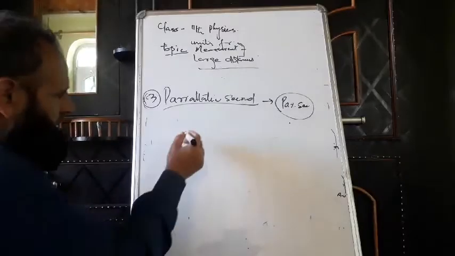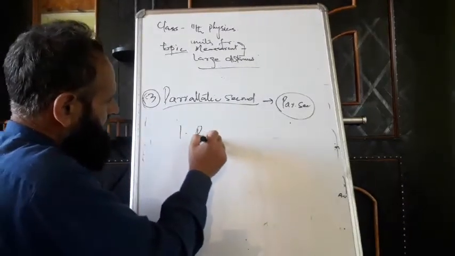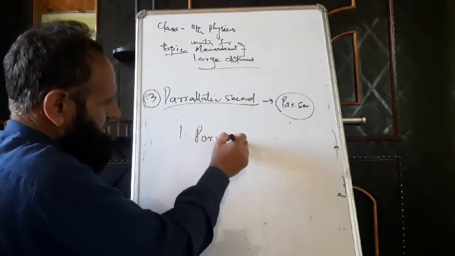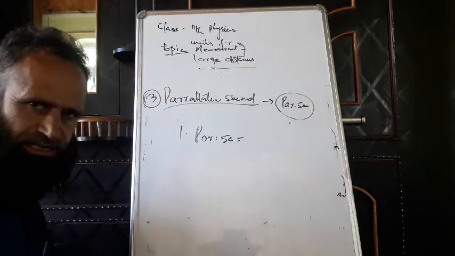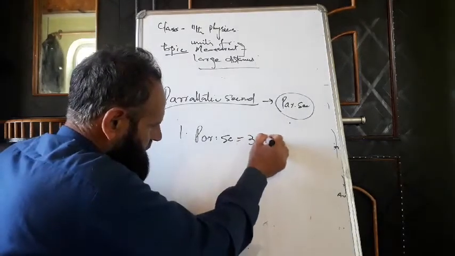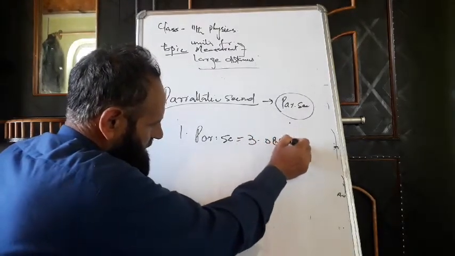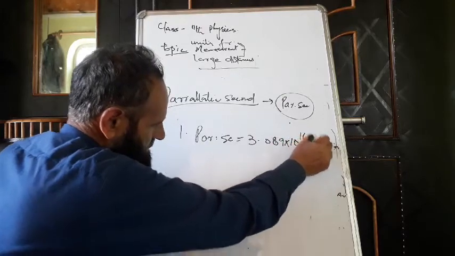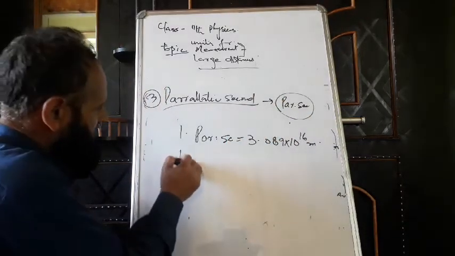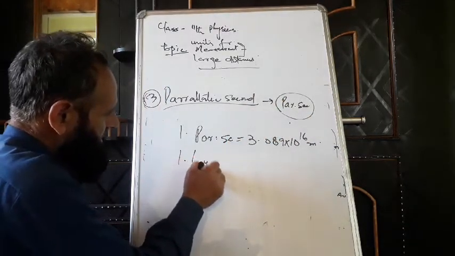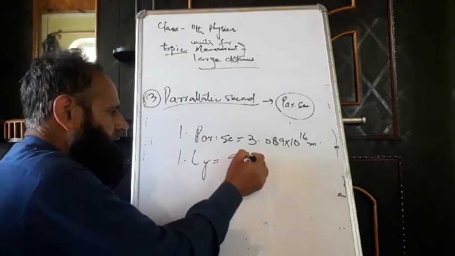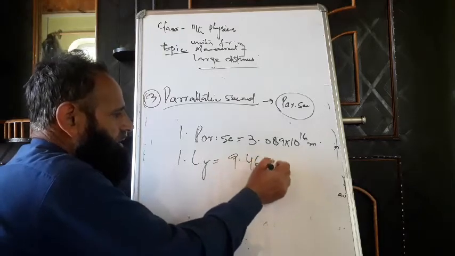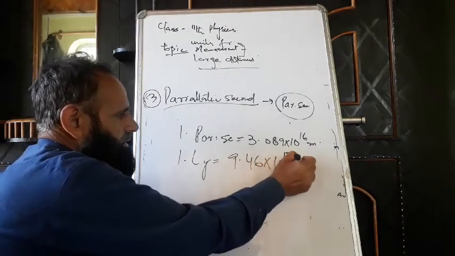We know one parsec is equal to 3.089 into 10 raised to the power 16 meters, and one light year is equal to 9.46 into 10 raised to the power 15 meters.